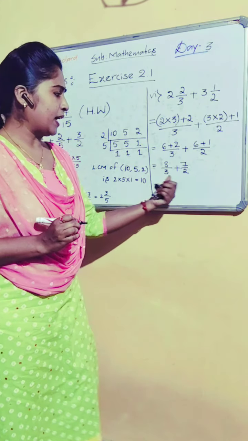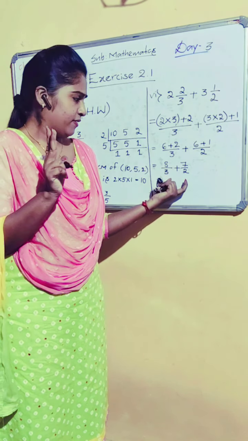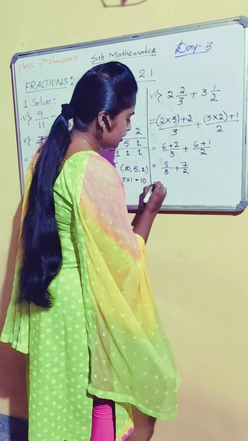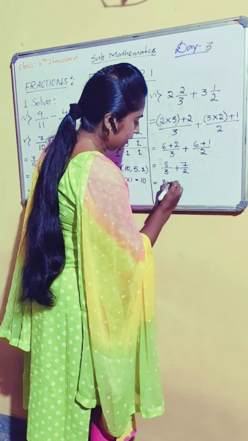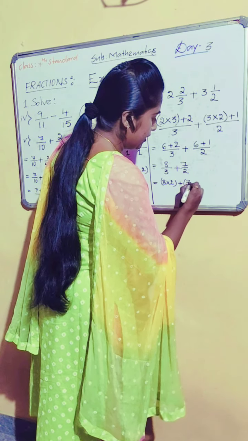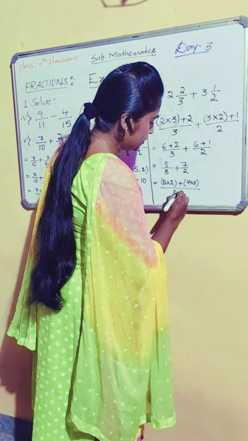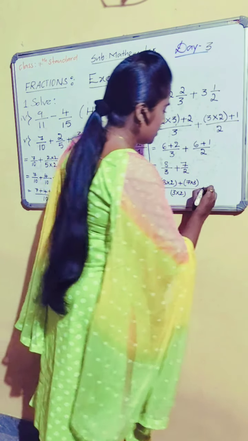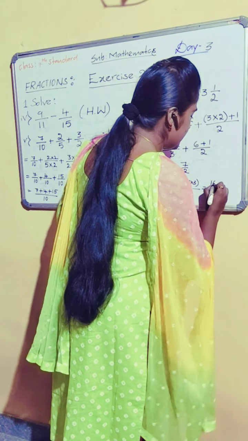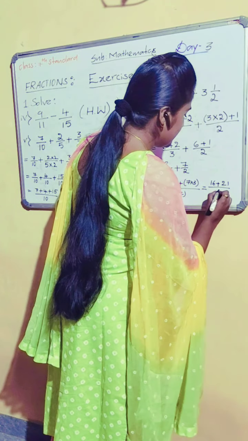If we observe, again we are having unlike fractions. So what did I say? We got only 2 fractions, so directly we can do cross multiplication, isn't it? So 8 into 2 plus 7 into 3 by 3 into 2, which is 8 2s are 16 plus 7 3s are 21 by 6.